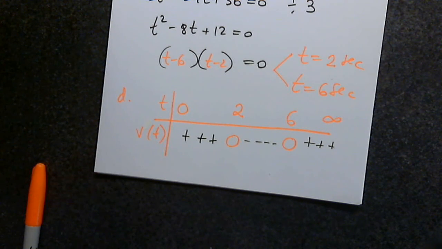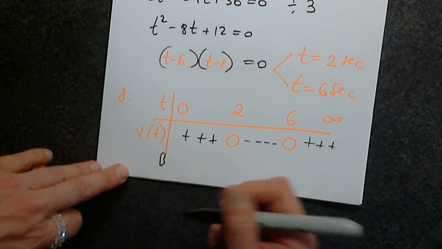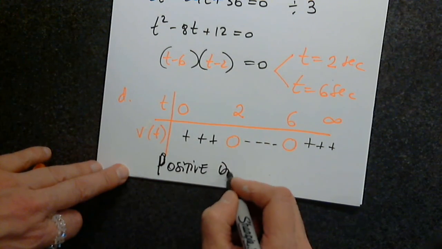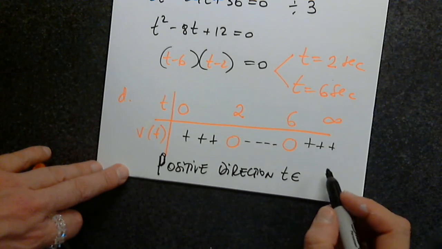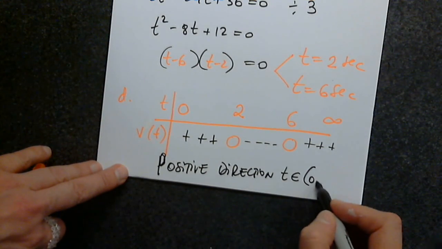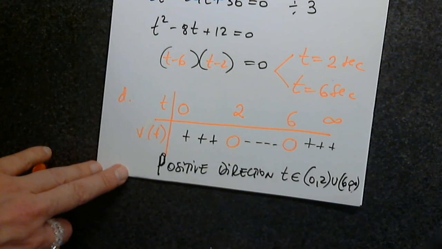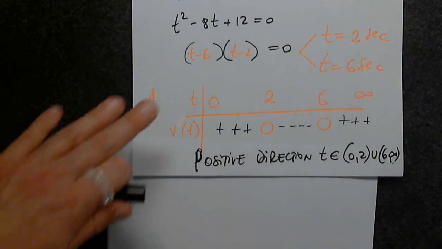The particle is moving in the positive direction when the velocity is positive, and in the negative direction when the velocity is negative. So I will say positive direction for t in the interval 0 to 2, union 6 to infinity, and negative direction for t where?